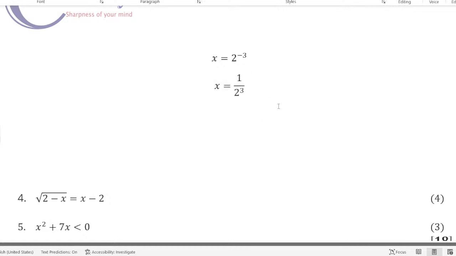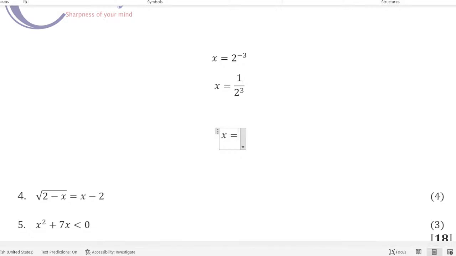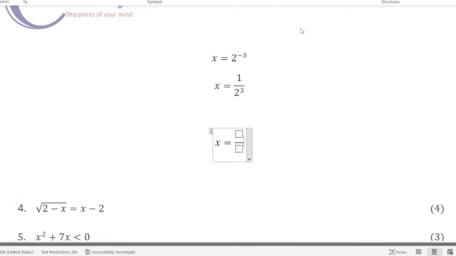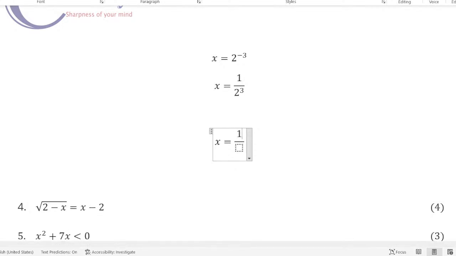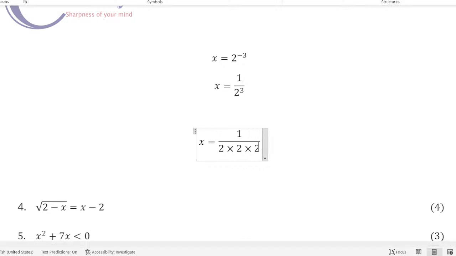to be fair, we have to just simplify it. x is equals to 1 over 2 to the power 3, which is the same as 2 multiplied by 2 multiplied by 2, right?